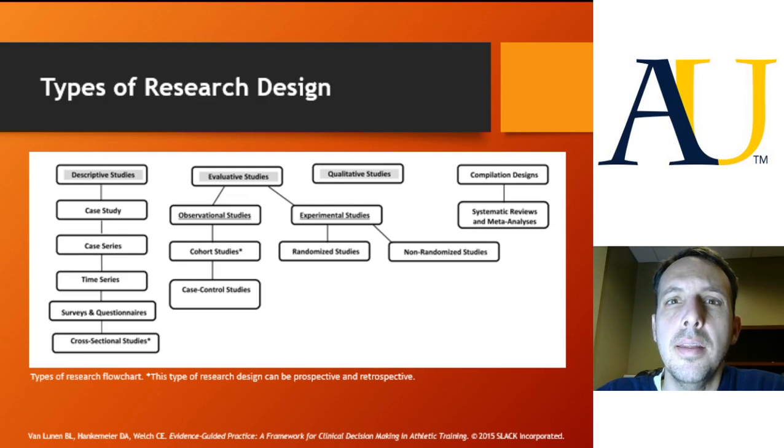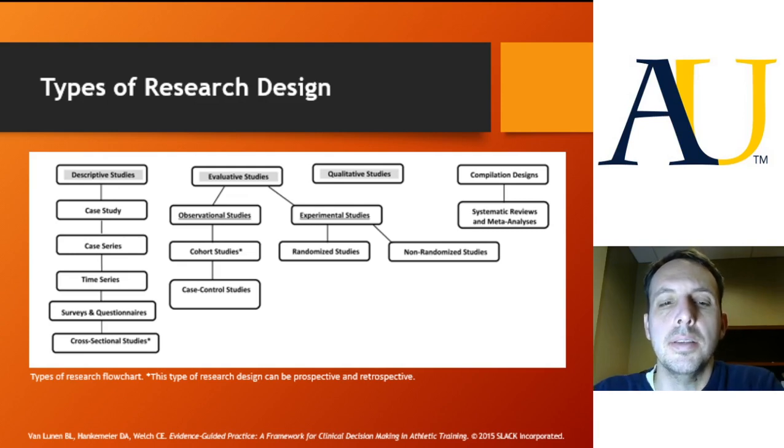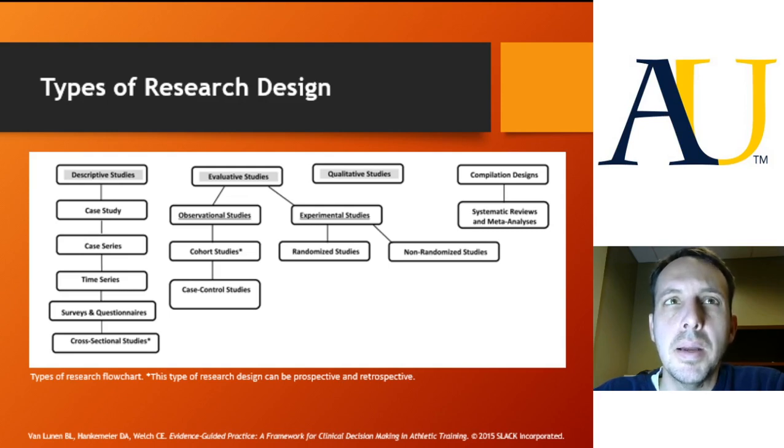Evaluative studies then seek to address and establish the existence of possible associations between interventions and an outcome, or two different variables. And so we're trying to figure out what the causation might be and how things work.